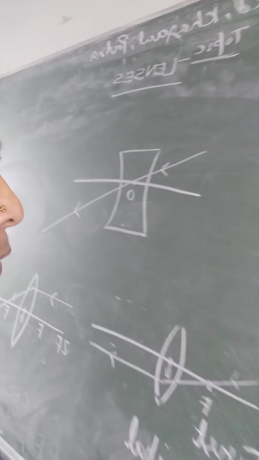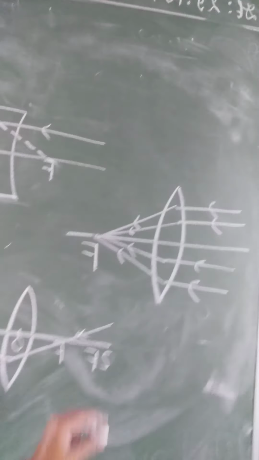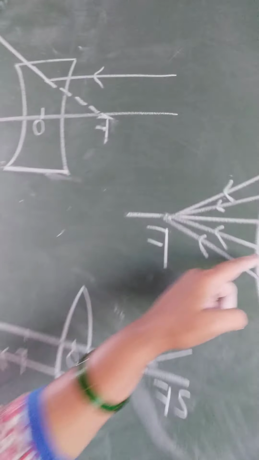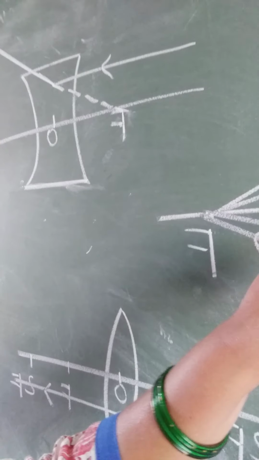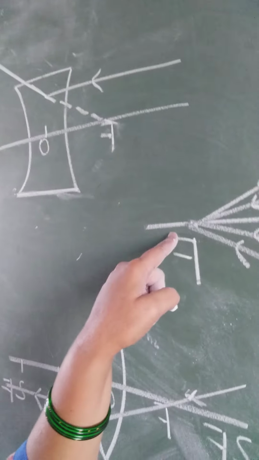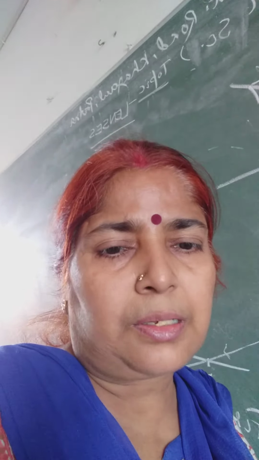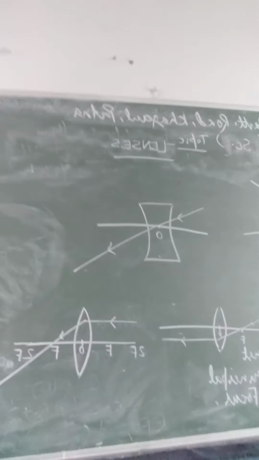Now you will see what is focal length. This is optical center, this is focus. Distance between optical center and focus is called focal length of the lens. Now you will see what are the three special rays.